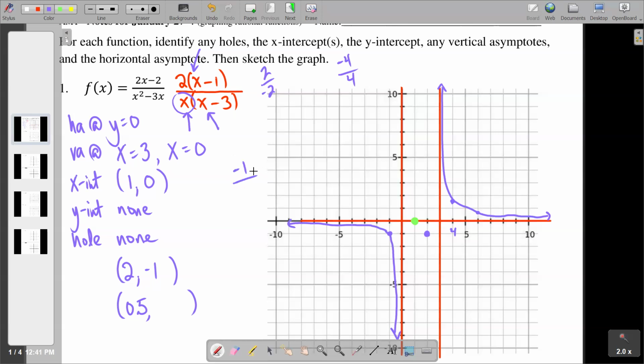And then 0.5 minus 3 is -2.5. It comes out positive, and that's pretty useful. It comes out to roughly +1, but not quite.